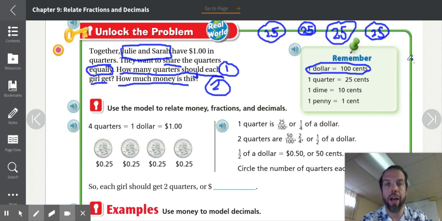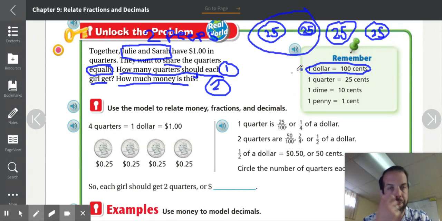So what I'm going to do is share them equally. How many people do I have? I have 2 people, Julie and Sarah. I would circle and say, Julie's going to get this much, and Sarah is going to get this much.